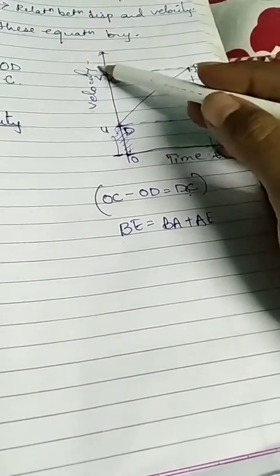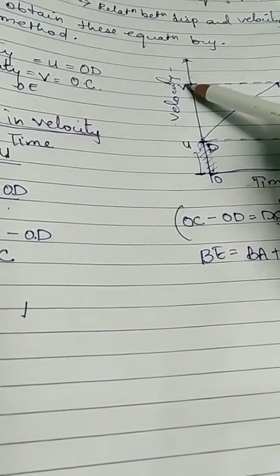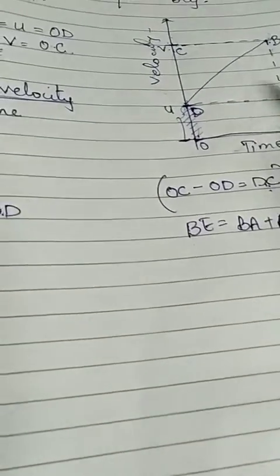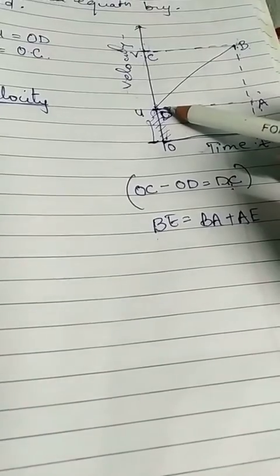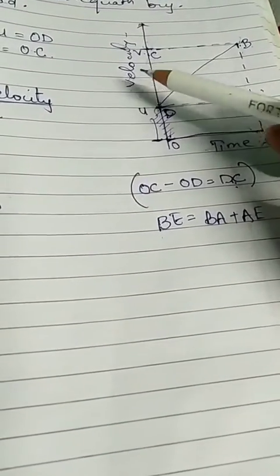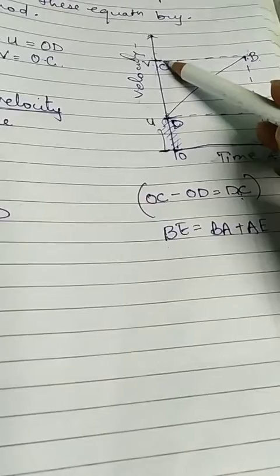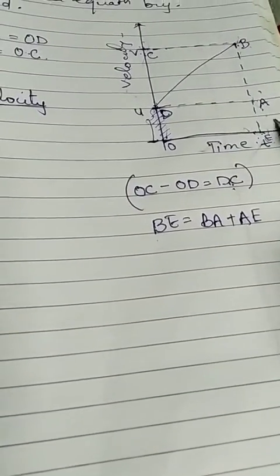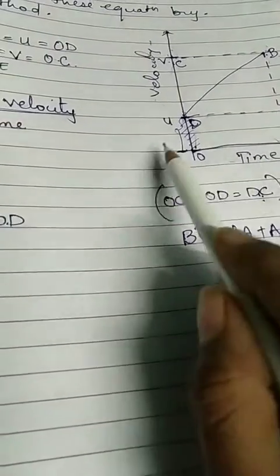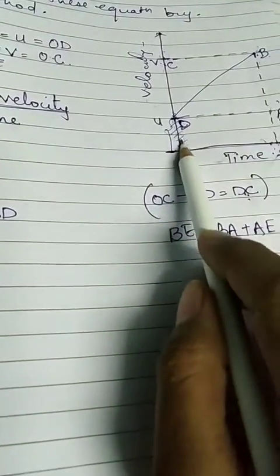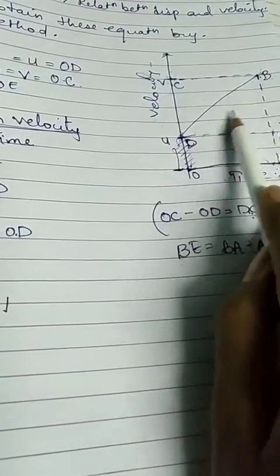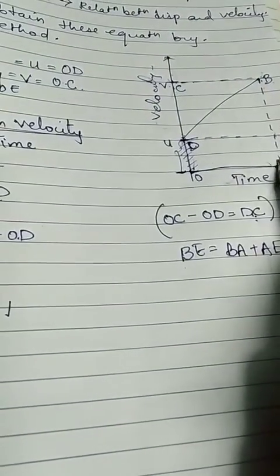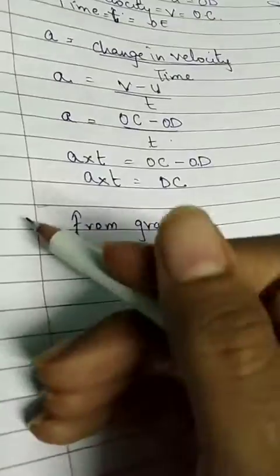Now when you say BE, it is the full final velocity. When you say BA, it becomes the same distance, that is DC. When you say AE, it is the same distance as OD. So we are going to substitute the values into the equation of this line.